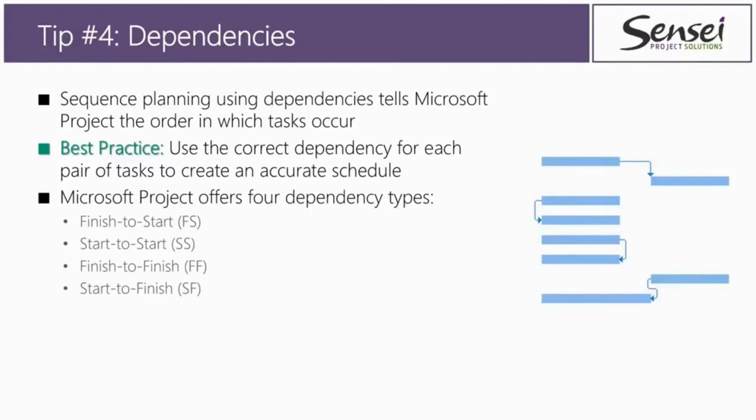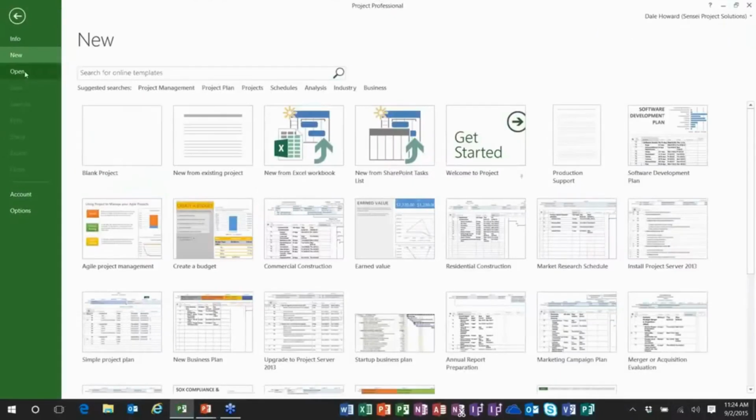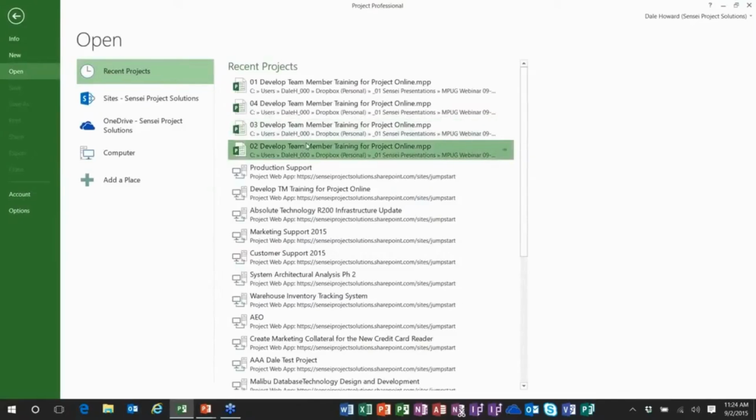And I'll guarantee you probably 95 to 98% of all the dependencies you set in your projects will be finish to start, but you may have some situations where 2 tasks need to start at the same time, or 2 tasks need to finish at the same time, and that requires a different dependency. Now, beyond this, do also know that you can add lag time or lead time, also known as negative lag, to any dependency relationship.